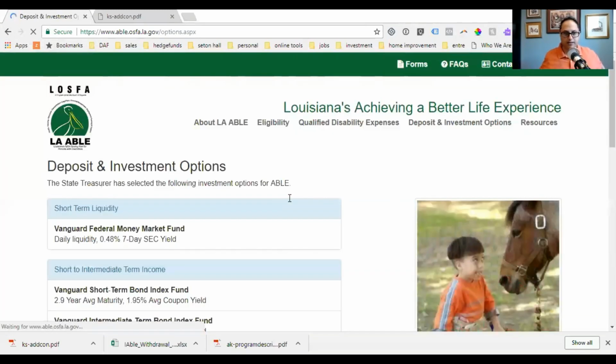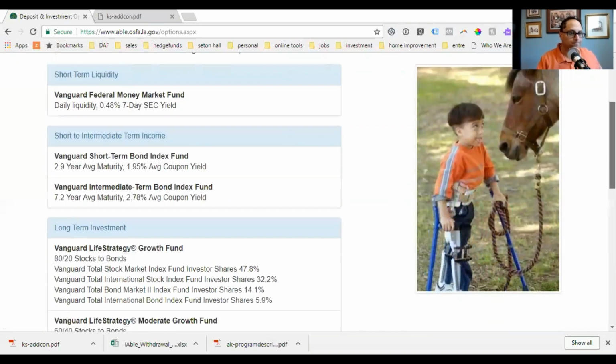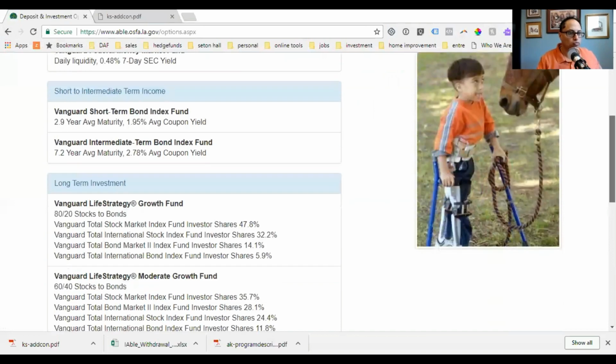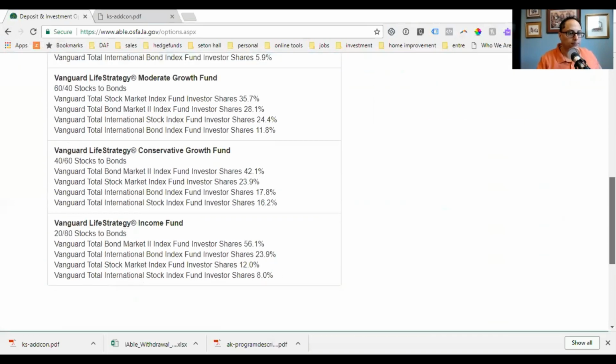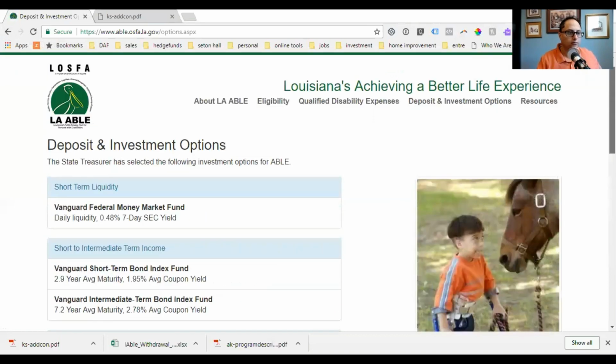Let's go to deposits while I take another sip. State Treasurer has selected the following investment options. Again, I'm not here to say if one is good or one is bad, but these are the options. Okay, they're using Vanguard.